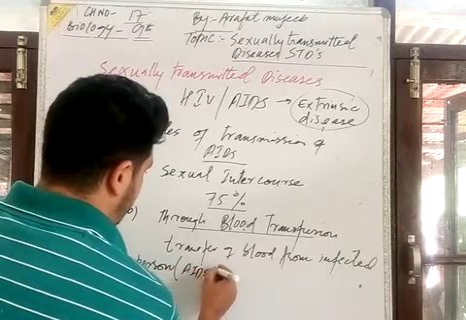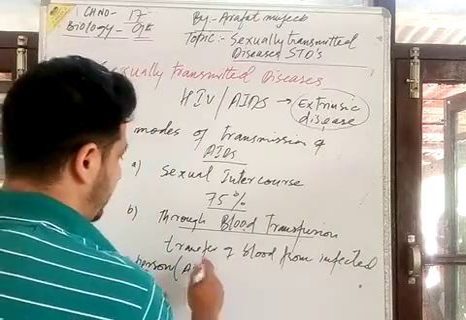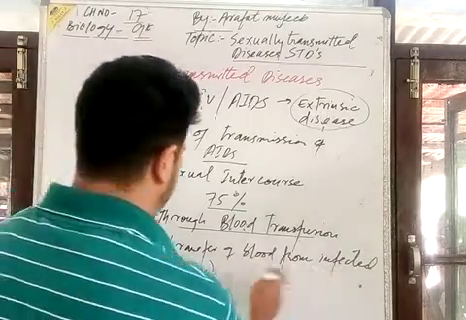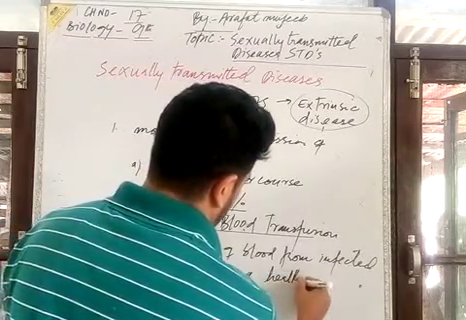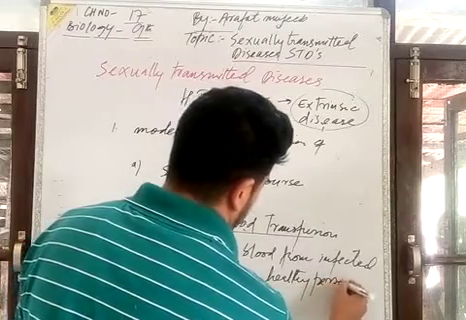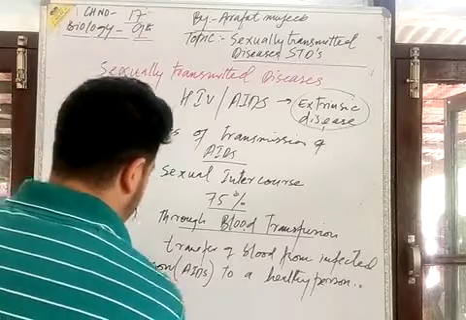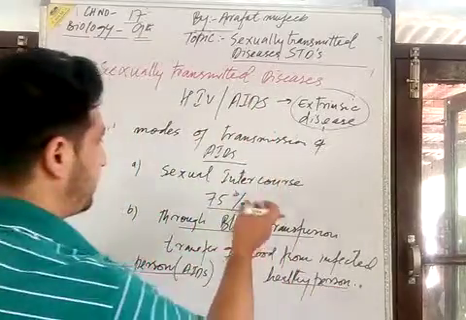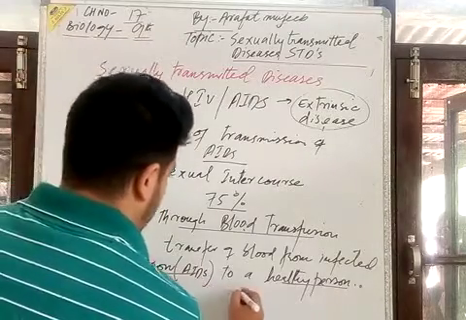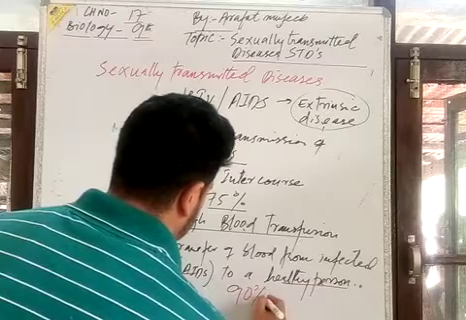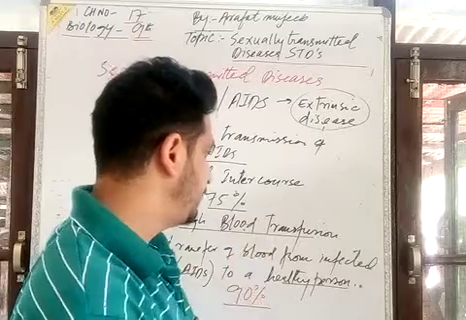A person who has AIDS. If there is a transfer of blood from an infected person to a healthy person who needs it, we should take care of that. Here are the chances of getting the disease this way, a 90% chance.